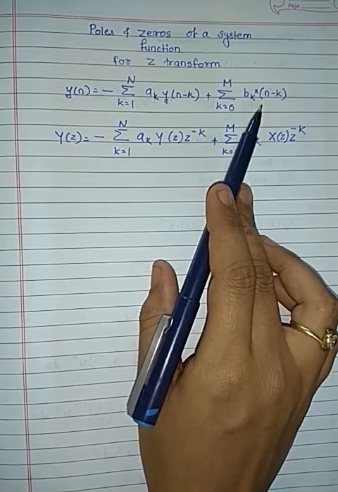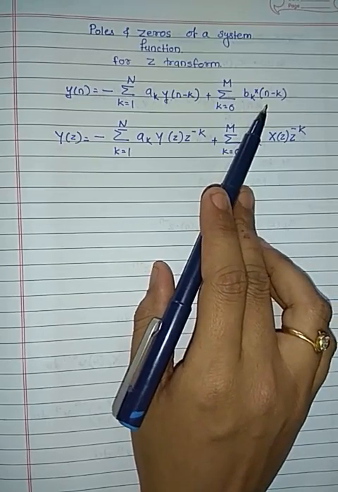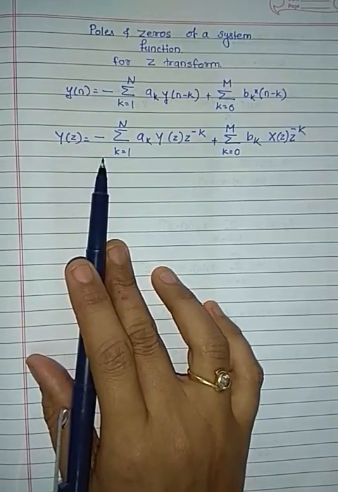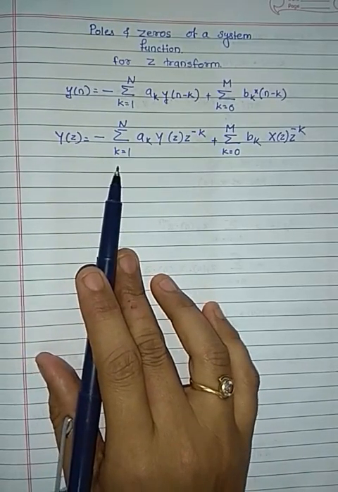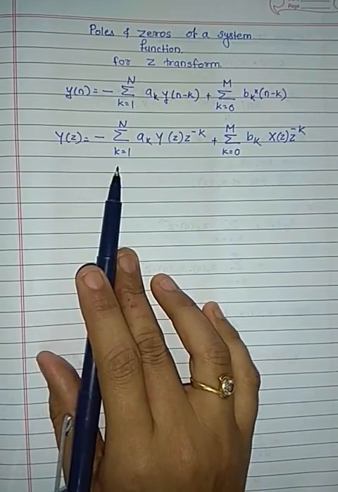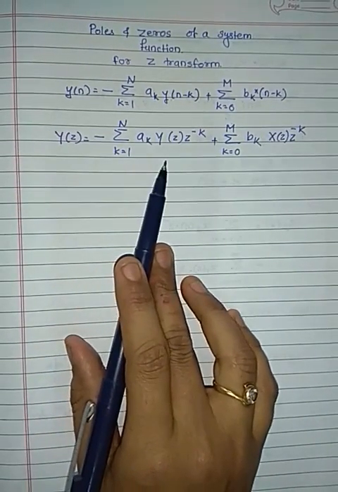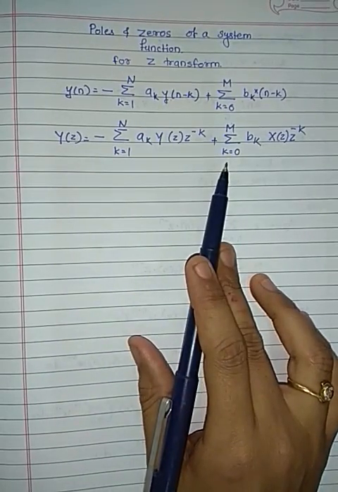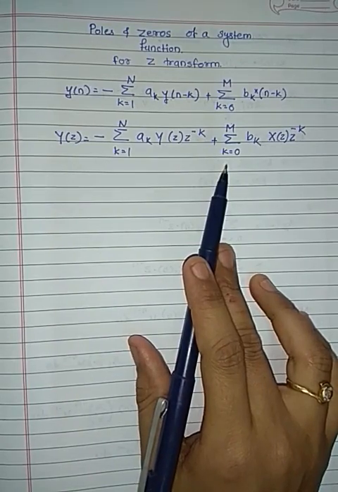In this way we have obtained the equation of Y of z as minus summation from k is equal to 1 to N a k Y of z into z raised to minus k plus summation from k is equal to 0 to M b k X of z into z raised to minus k.